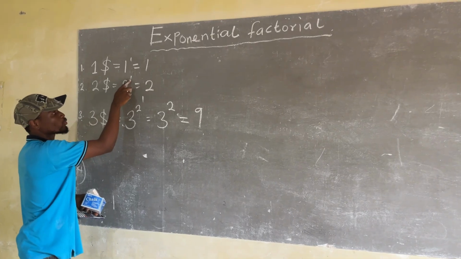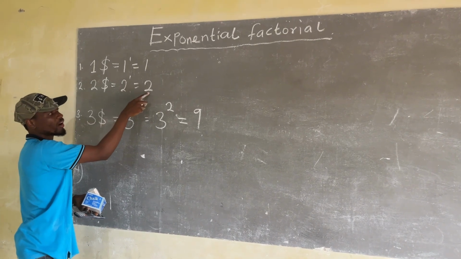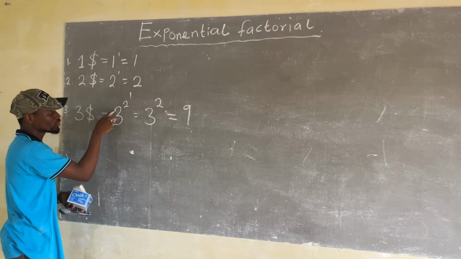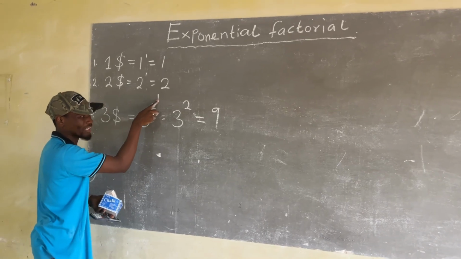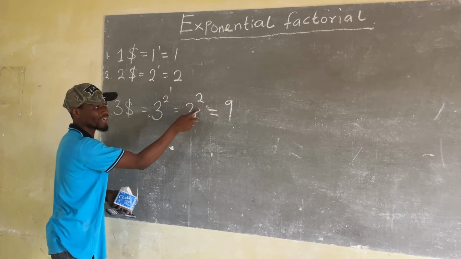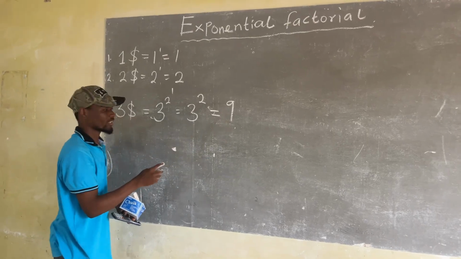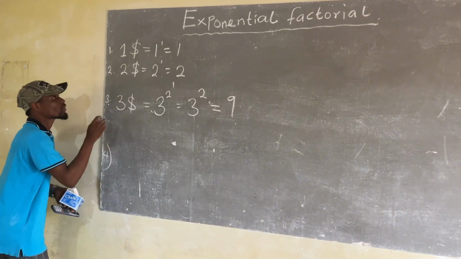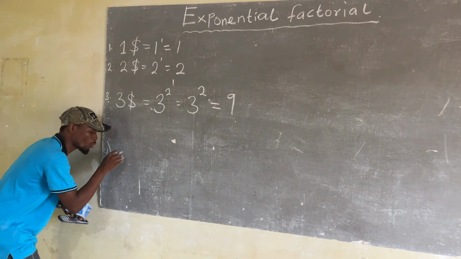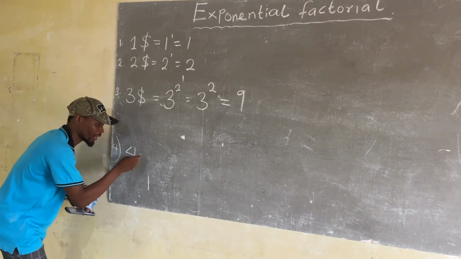Here, 2 exponent 1, we evaluated and we had 2. Here, 3 raised to the power 2 to the power 1, we evaluated and we had 9.